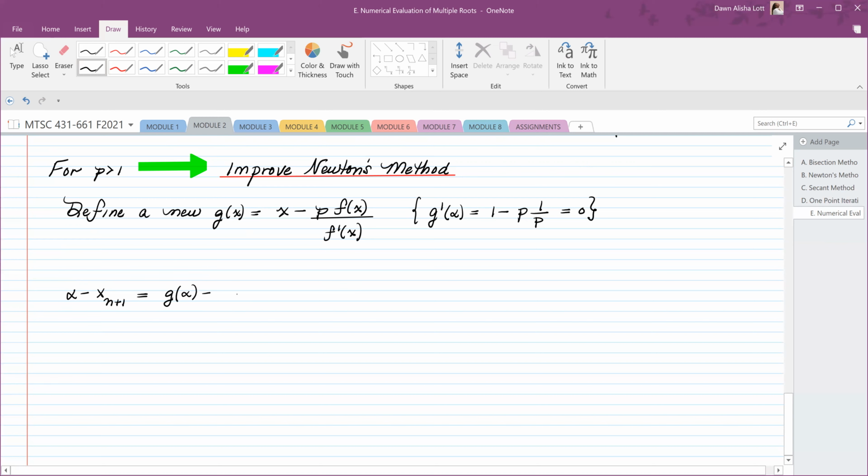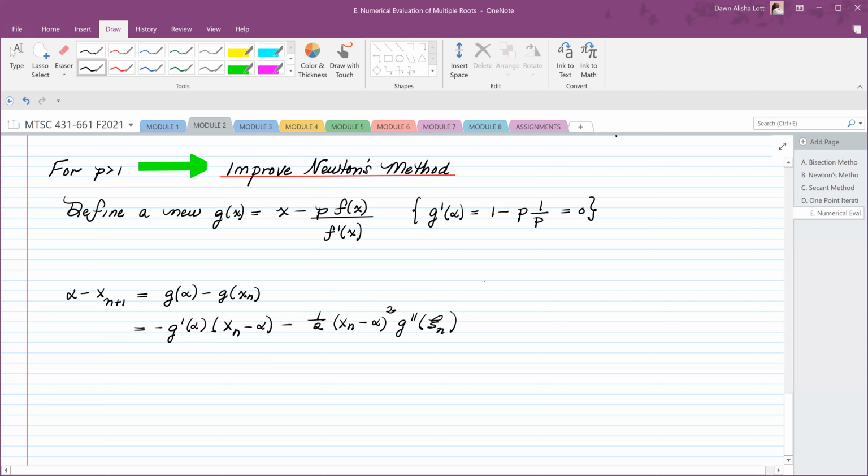minus g of x_n. Okay, remember alpha is equal to g of alpha and x_{n+1} is equal to g of x_n. So this is equal to minus g prime of alpha times (x_n minus alpha). So I switched it for a moment. Minus 1/2 (x_n minus alpha) squared times g double prime at some c_n.